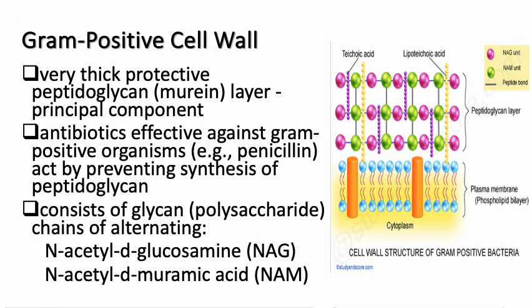Antibiotics which prevent the synthesis of peptidoglycan are effective against gram-positive bacteria. An example of this antibiotic is penicillin. Gram-negative bacteria, which have a thinner layer of peptidoglycan, are less affected by these types of antibiotics because additionally they have a protective layer called the outer membrane.